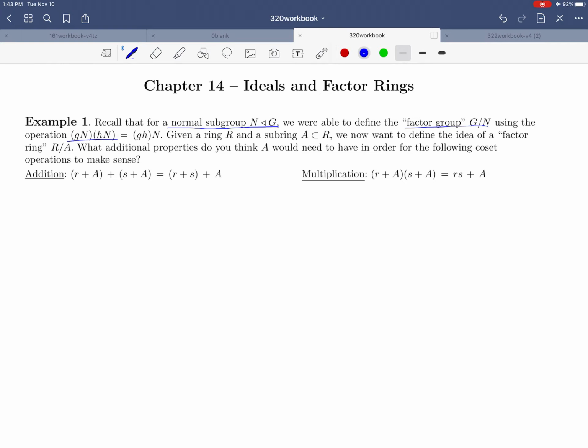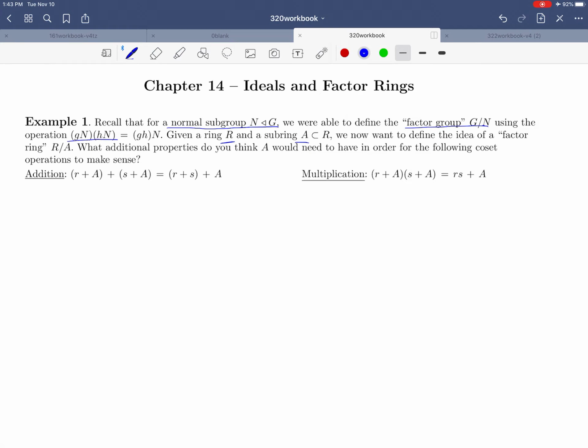Now, what we'd like to discuss is how does this work with rings? So if we have a ring R and we have a subring A, then what kind of conditions do we have to put on the subring A so that we can talk about a factor ring R mod A? And this comes down to asking ourselves, what has to be true about A so that the coset operations of addition and multiplication that we see here make sense?